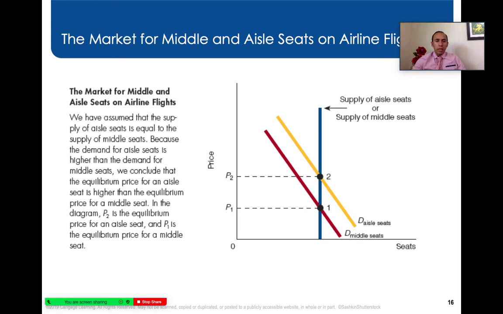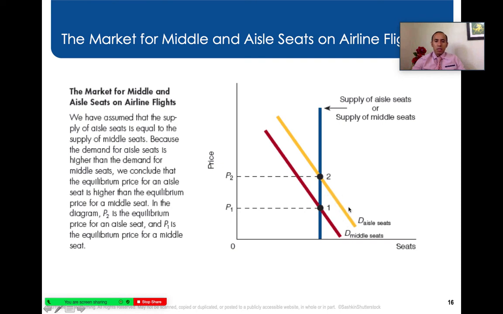Because this demand situation is already established, the demand for middle seats is represented by the red curve, indicating that the equilibrium price for the middle seats is lower, closer to zero, very cheap. And the supply of them is the same, so you have low demand for middle seats and low prices. Middle seats are less ideal, and the demand for aisle seats is a lot higher, given that there's the same amount of supply.